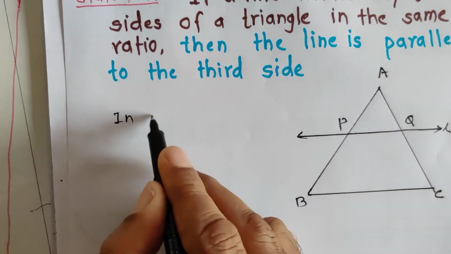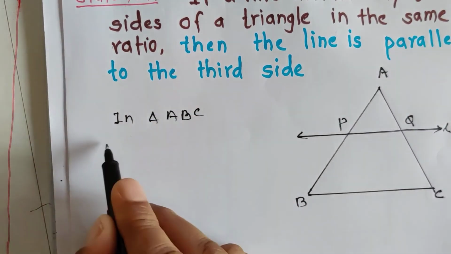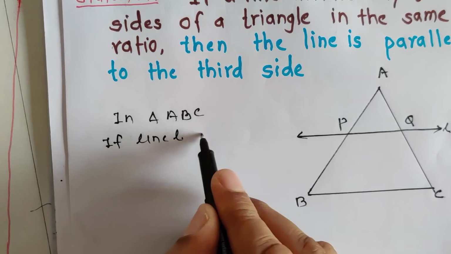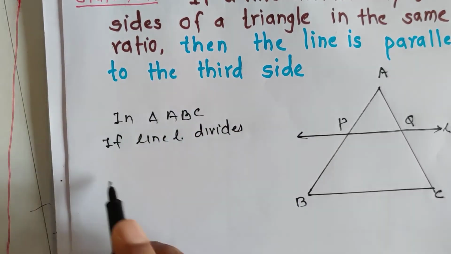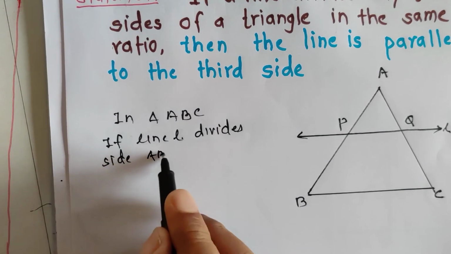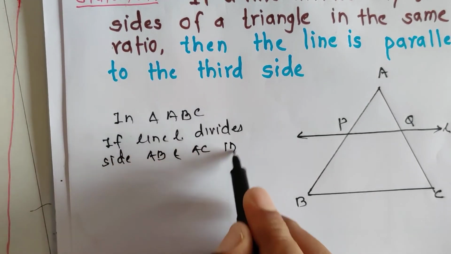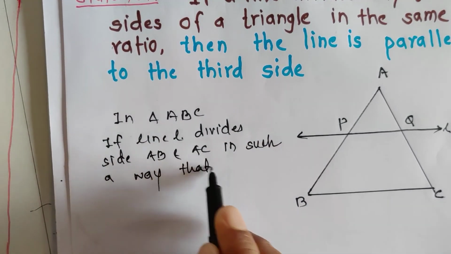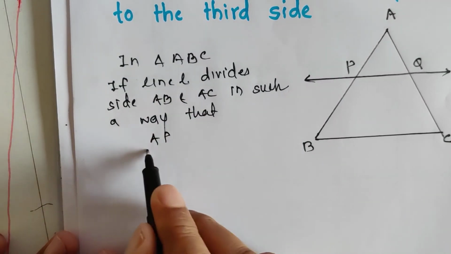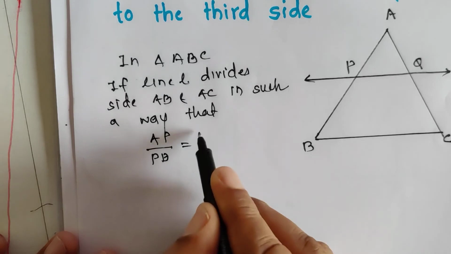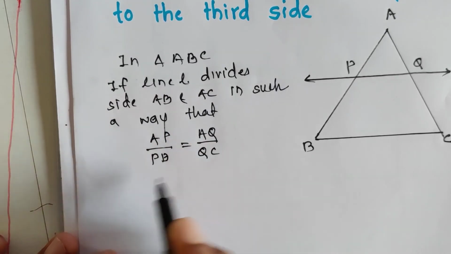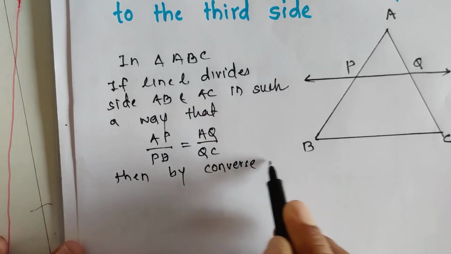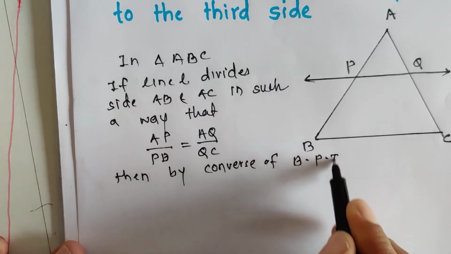In triangle ABC, if line L divides sides AB and AC in such a way that AP upon PB is equal to AQ upon QC, then by converse of basic proportionality theorem, BPT, what can we write?